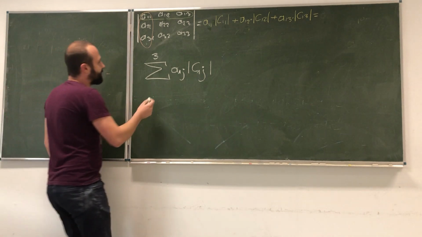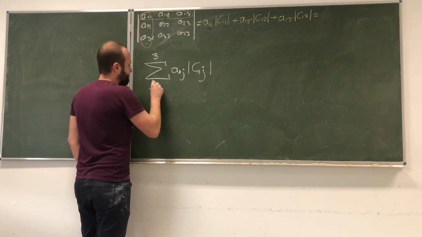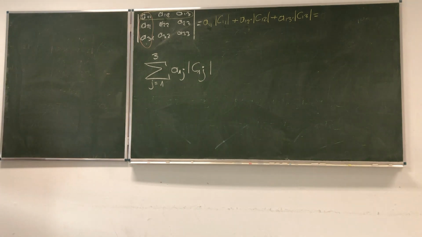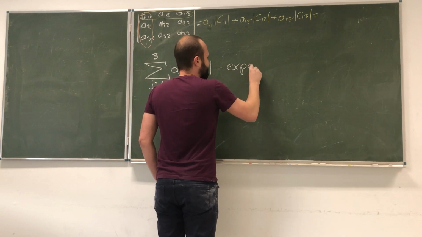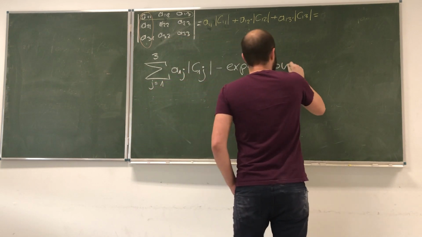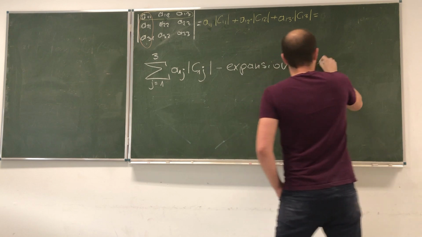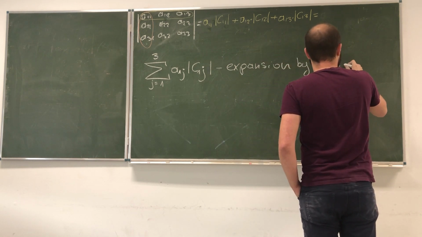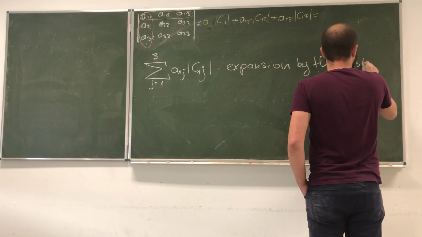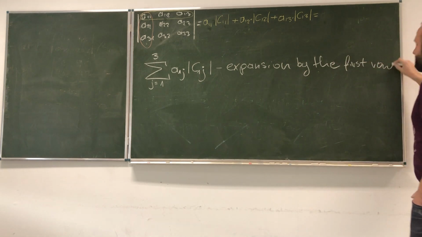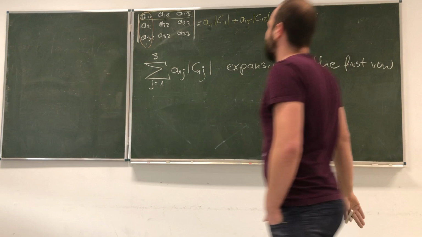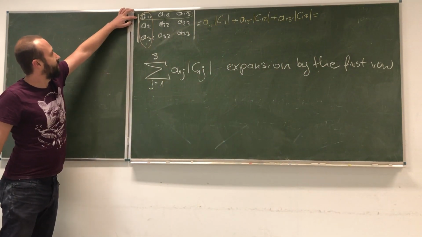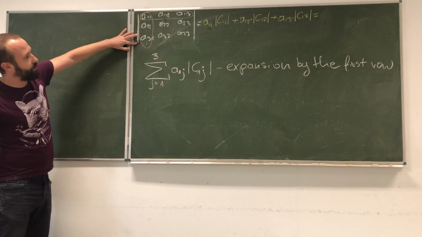So what we see over here is the formula for expansion by the first row, right?